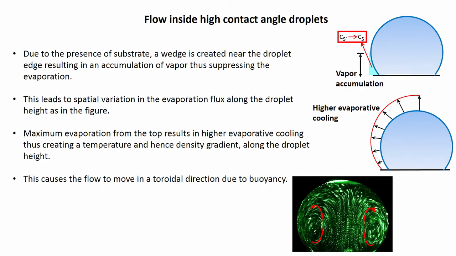So that delta T, what it does is that, okay, it results in higher evaporative cooling, okay, creating a temperature and hence a density gradient along the droplet height. Okay. So, the maximum evaporation from the top actually leads to a certain evaporative cooling at the top, right, whereas lower evaporation in this sector does not lead to the same extent of cooling, right.